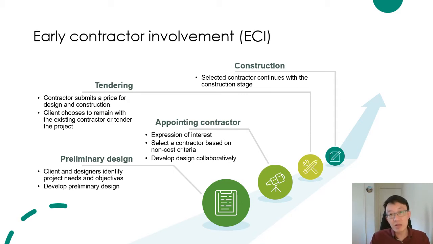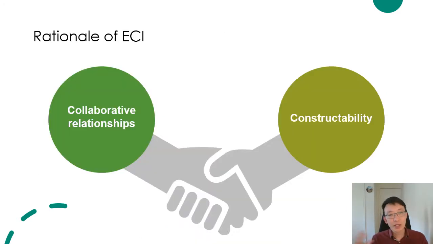The main difference with other procurement methods or other project delivery systems is the involvement of contractor in the design stage. So why ECI? What is the rationale behind ECI? So there are two main reasons.